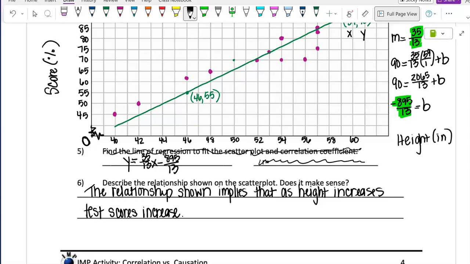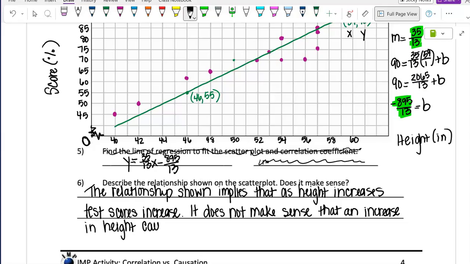So it does not make sense that an increase in height causes an increase in test scores.